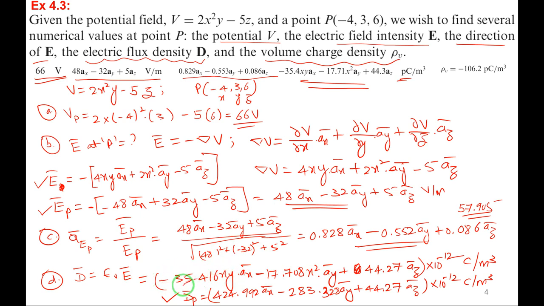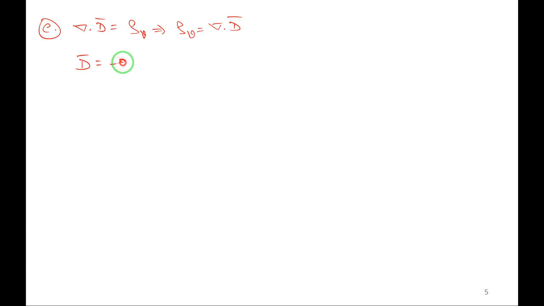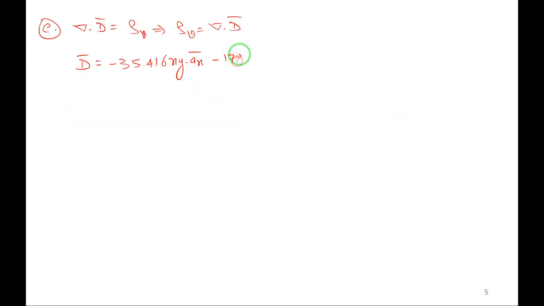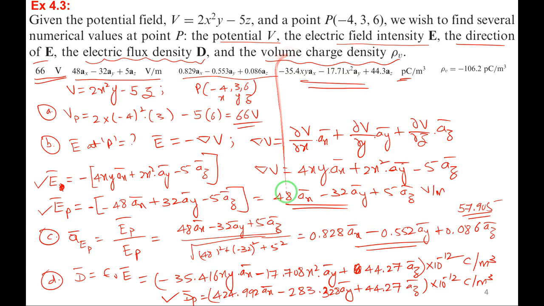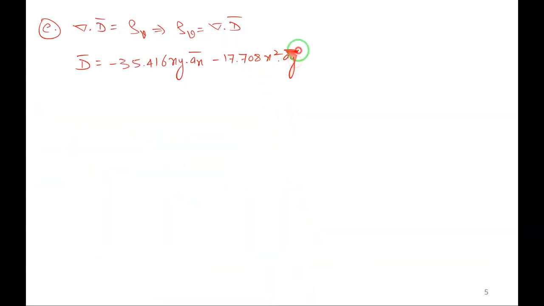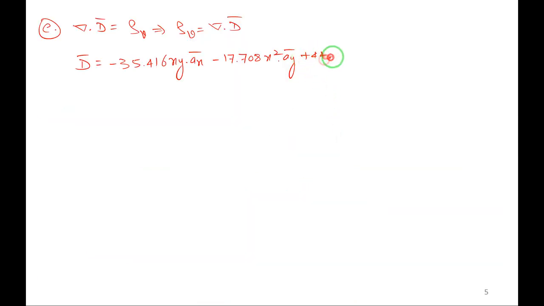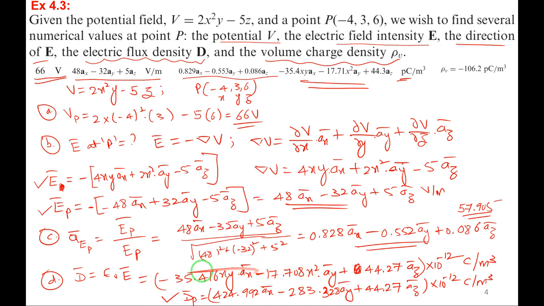So I will be taking the general one: minus 35.416 xy into ax, minus 17.708 x square into ay, plus 44.27 az, into 10 power minus 12 coulomb per meter cube. Yes, this one I have taken, right?